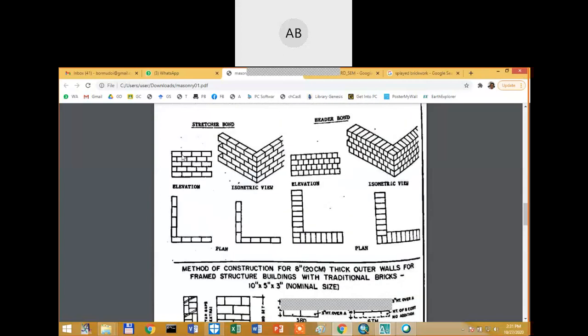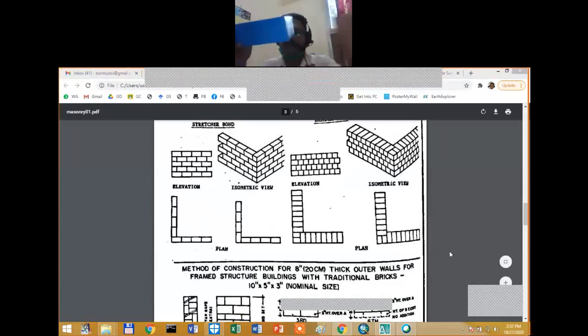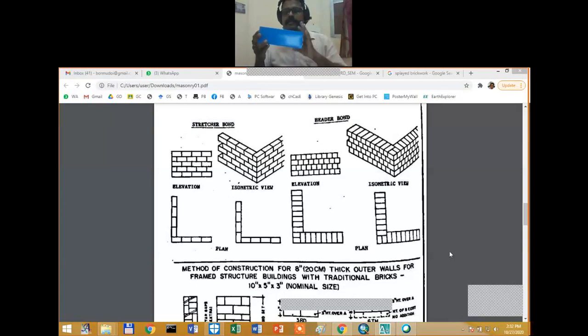See here. Okay, let me open the video again. Which is our stretcher side? Right, this is a brick. Can you see on the body? This is the stretcher side. So one brick, another brick, another brick, all facing the stretcher side.